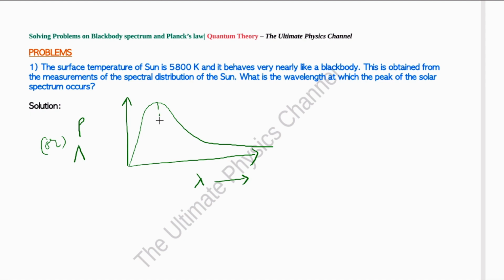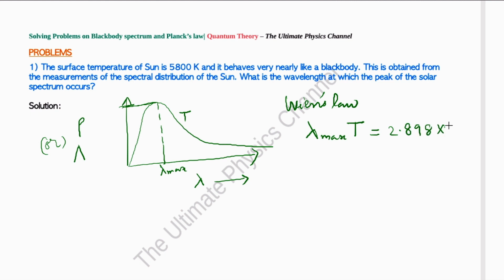Now the wavelength at which the energy density or the spectral intensity is maximum, that wavelength is lambda max, and this spectrum is recorded at a temperature T. So according to Wien's law, this product of this particular value of wavelength times the temperature, of course, is a constant which is called the Wien's constant, whose value is 2.898 into 10 power minus 3. This constant's units are meter Kelvin.